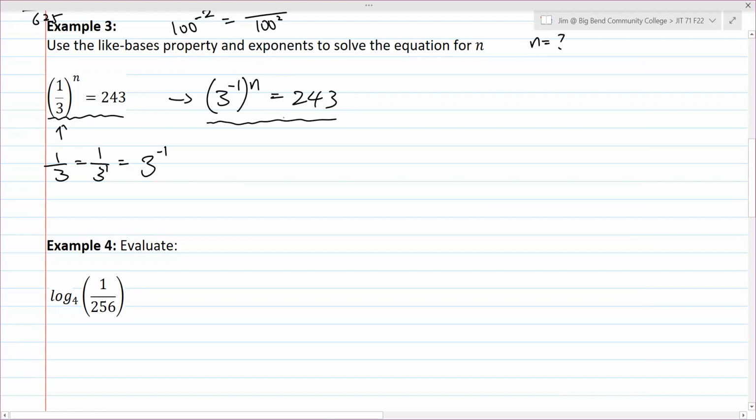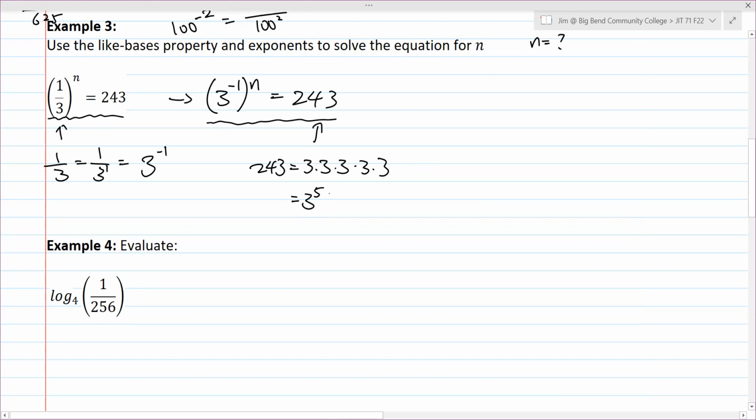All right, we have the base 3 on the left, and then it's intuitive for us to turn 243 into something with the base 3. So let's think about it. If you have 243, then that equals 3 times 3 times 3 times 3 times 3. So if you work on the factoring, then that's what you'll find. If you multiply the 3 by 5 times, then you'll have 3 to the 5.